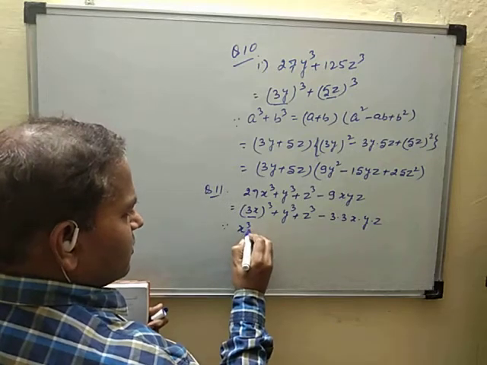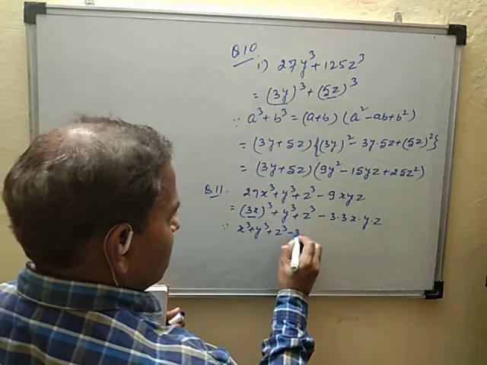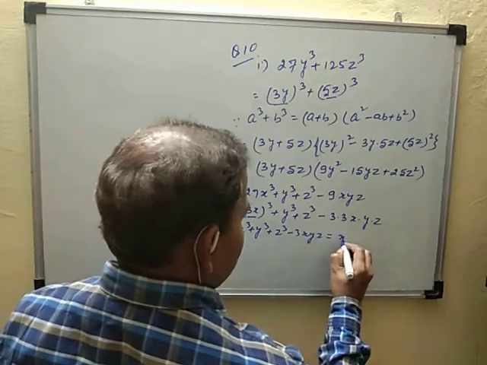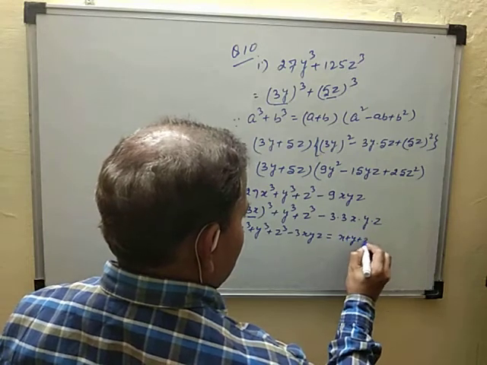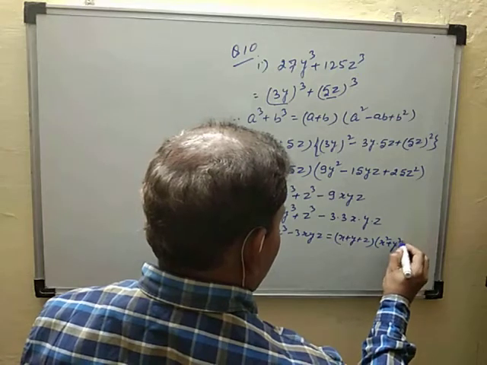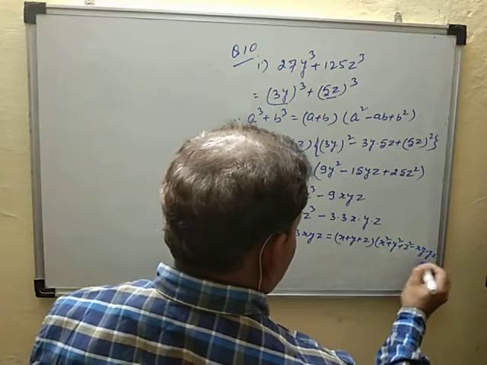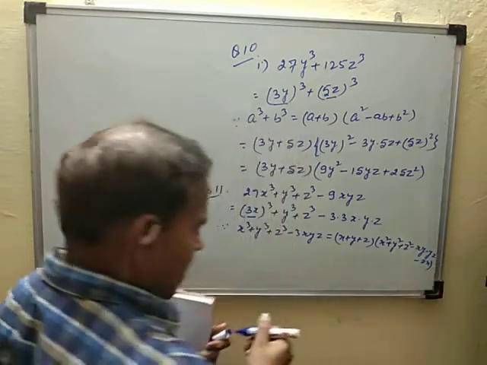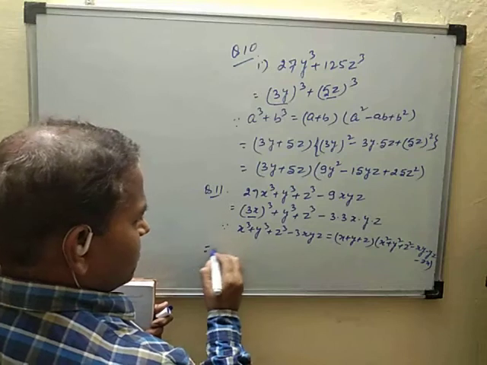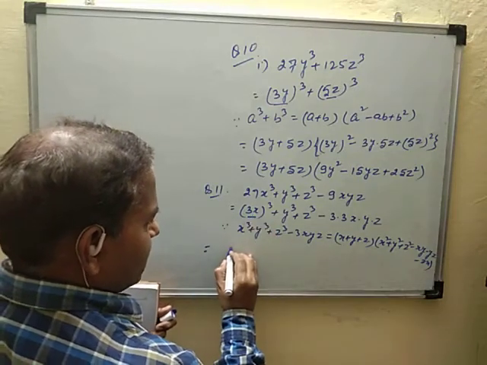What is the identity? x cube plus y cube plus z cube minus 3xyz is equal to (x plus y plus z) into (x square plus y square plus z square minus xy minus yz minus zx). So use this identity. What is x? 3x.